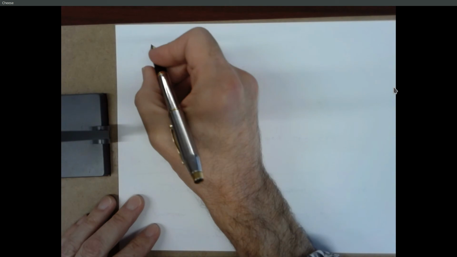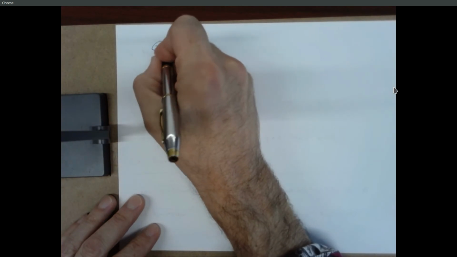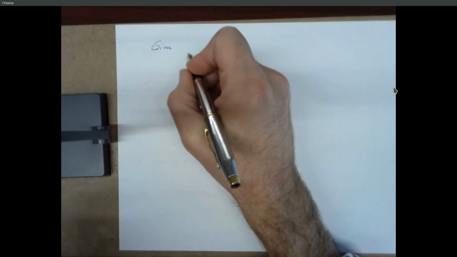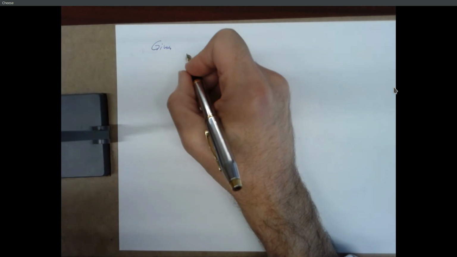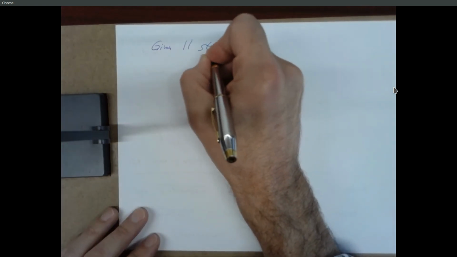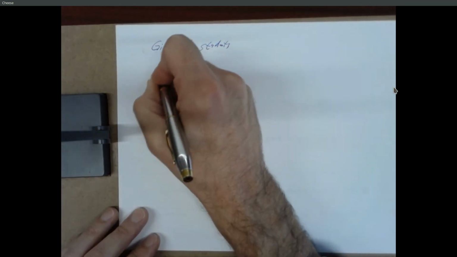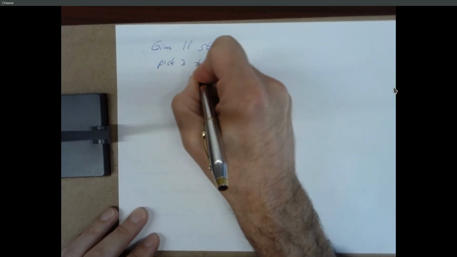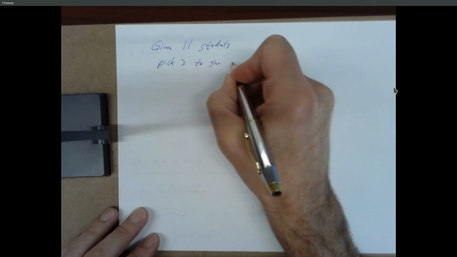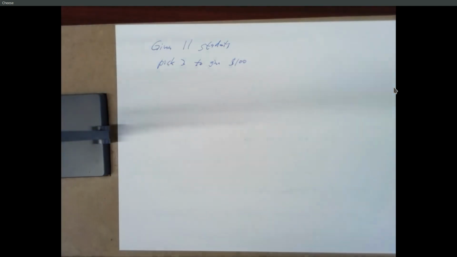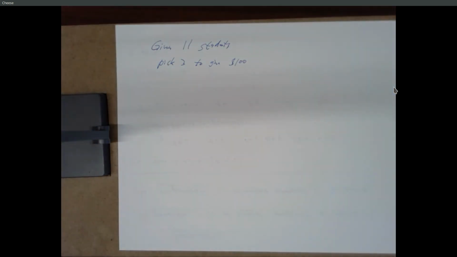All right, so what can we do with our permutations? Given 11 students, pick 3 to give this invisible $100 to that I keep threatening to give.